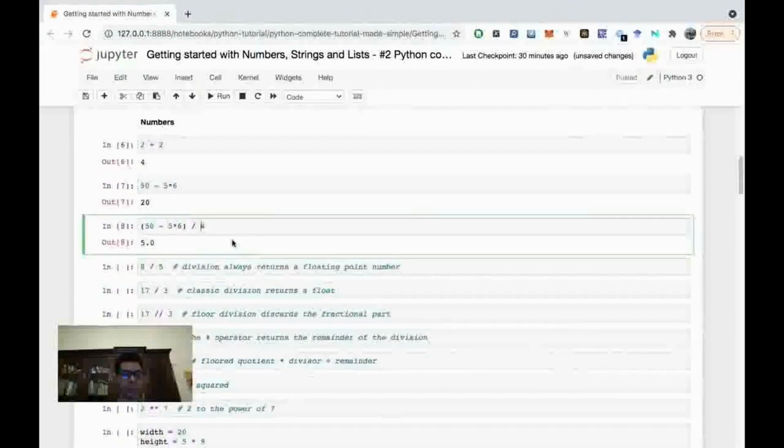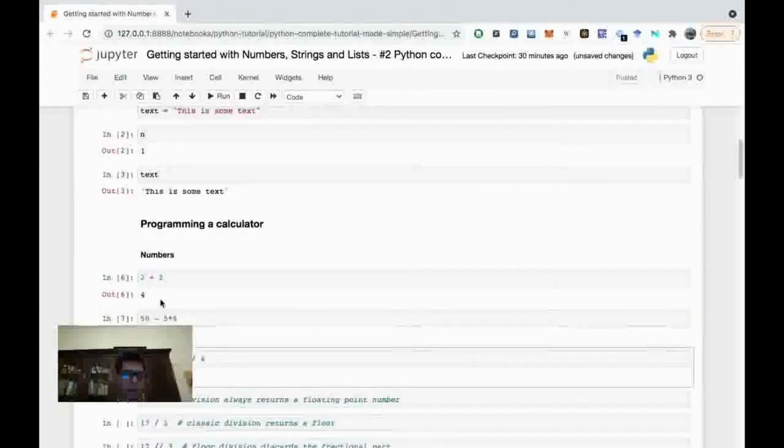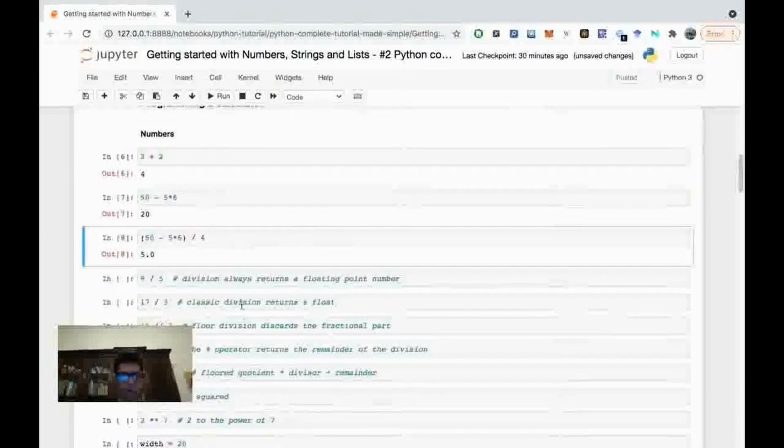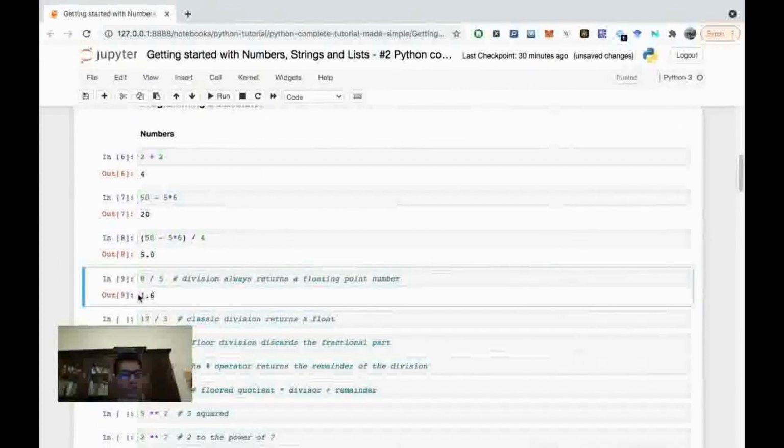And here you can see, for example, that this returns that kind of floating number we were talking about. The division always returns a floating point number, which is really important in programming. There is a difference between floating point and a normal integer.